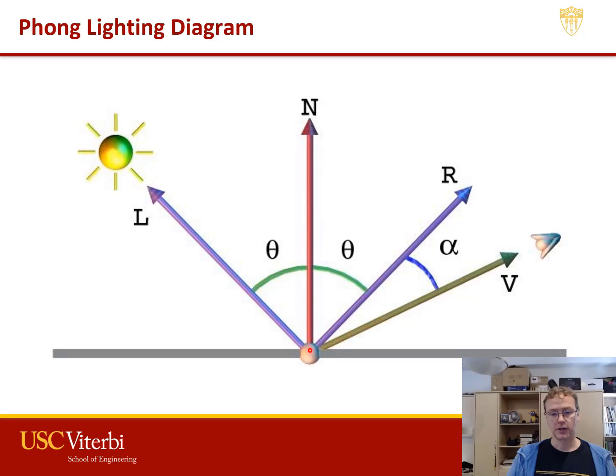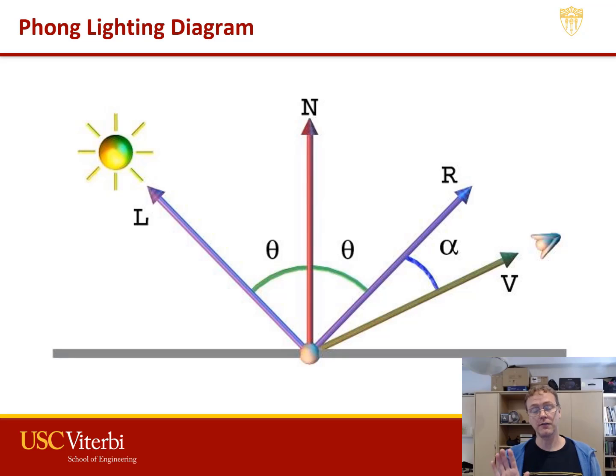So now we've got the normal, we've got the L vector, and now the last one we need is the R vector. We get that just by reflecting the L around the N, just like we did in the Pong labs back in 380. HLSL has a built-in reflect function that you can use for this.